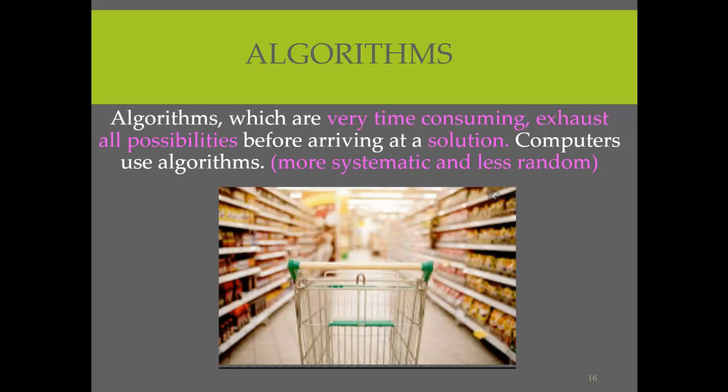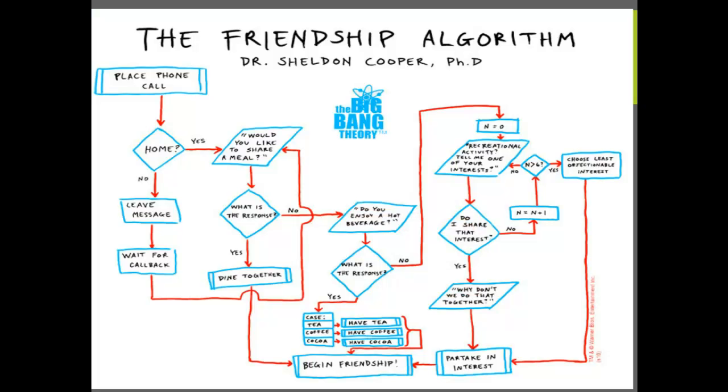So if I start at the very beginning and I'm looking row to row to row on every single aisle, I will eventually get there. It is very time consuming, but I'm not going to miss it because I'm going down every single row. That's an algorithm. I'm considering all the possible solutions. It's going to take me forever, but I will eventually come across the correct answer.